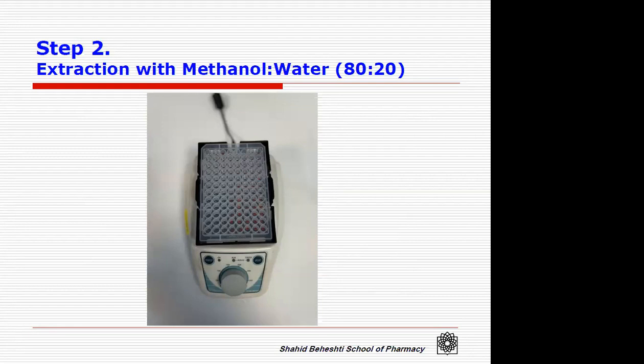Now we have a methanol which contains all the biomarkers plus all the interfering compounds from the blood, and it is ready to be injected to the mass spectrometer. The third step, which is the next slide, is going to be injecting the methanol extract to the mass spectrometer. Next slide, please.